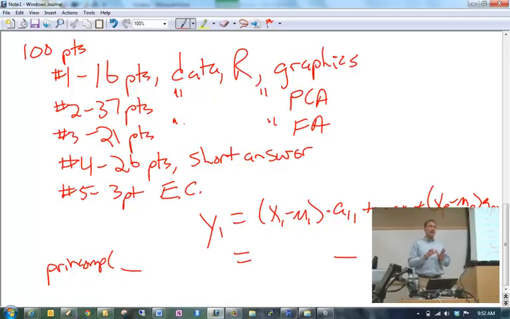I was lenient last time because it was the first test, but I will not give you full credit. You need to show me your work in some manner. And this is for your own benefit, because if you did put down the wrong numerical result, how can I assign you partial credit if you didn't show me how you came about it? So it's for your own benefit to put some information down about how you got the result.